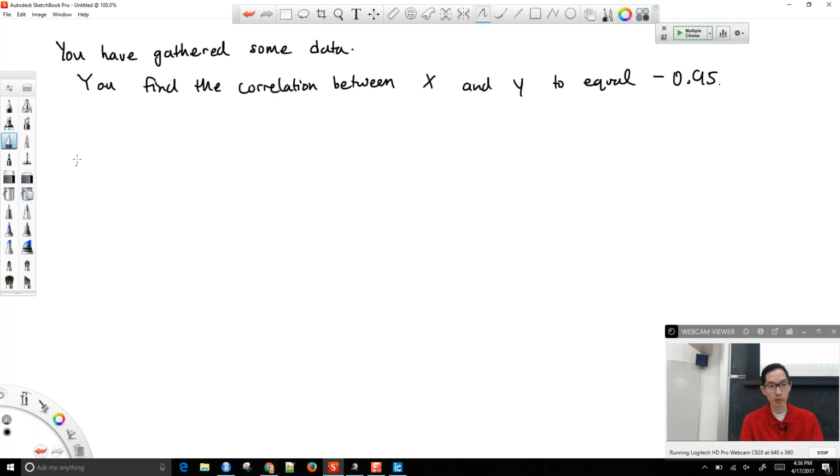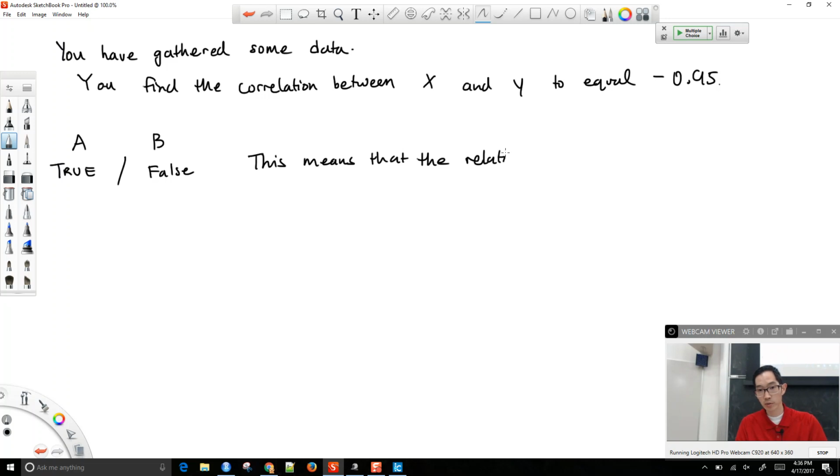So we will say A is true or B is false. True or false? So this means that the relationship between x and y is negative, strong, and linear.